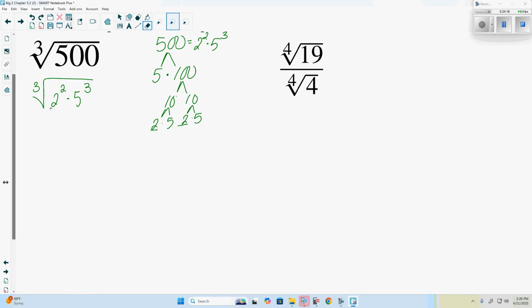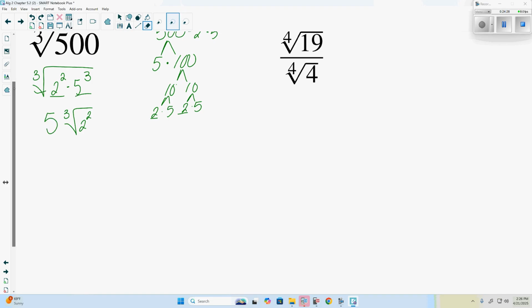Well, can we take the cube root of 2 squared? No, we don't have enough 2's. Can I take the cubed root of 5 to the 3rd? Yeah. Now, I wouldn't leave it as 5 cubed roots of 2 squared, because what is 2 squared?